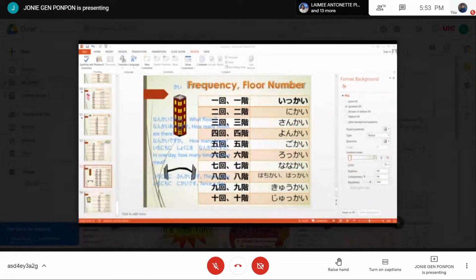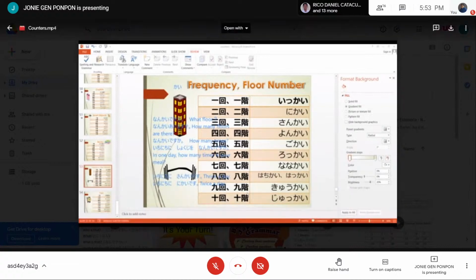This kanji here will be seen in hotels, buildings na matataas, especially in the Tokyo area. So that's the frequency or the floor numbers.